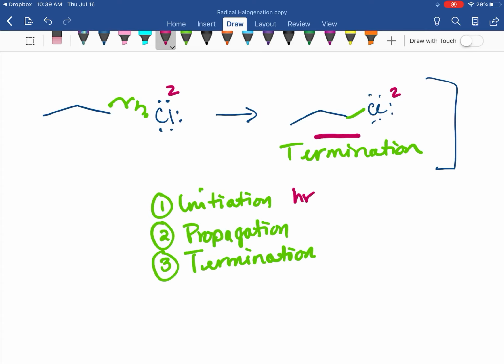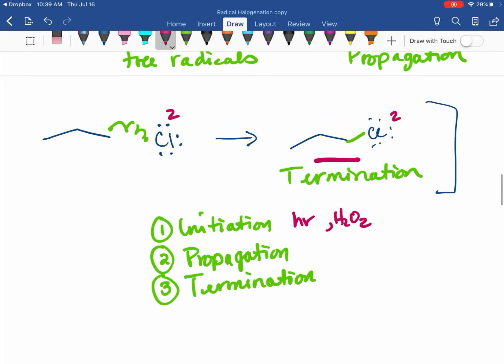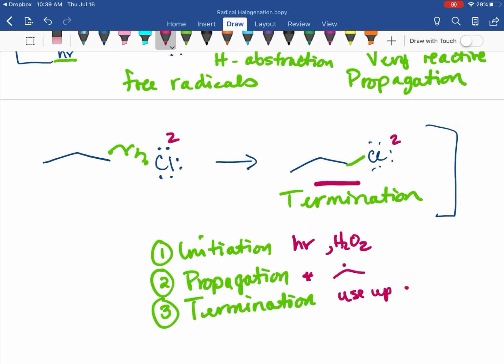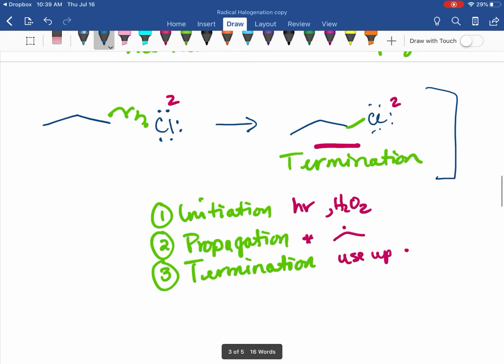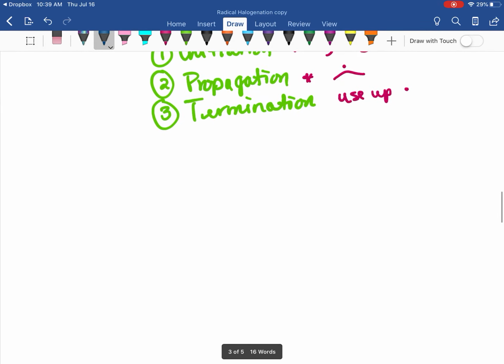Benzoyl peroxide is a good initiator. You ever wonder why that's in all kinds of stuff? All right, there's lots of ways to initiate. Peroxides are also good initiators. Light hits them and they can kick off all kinds of radical reactions. Propagation is usually, for us, going to be our alkyl radical. And then termination is when you use up all of your radicals.